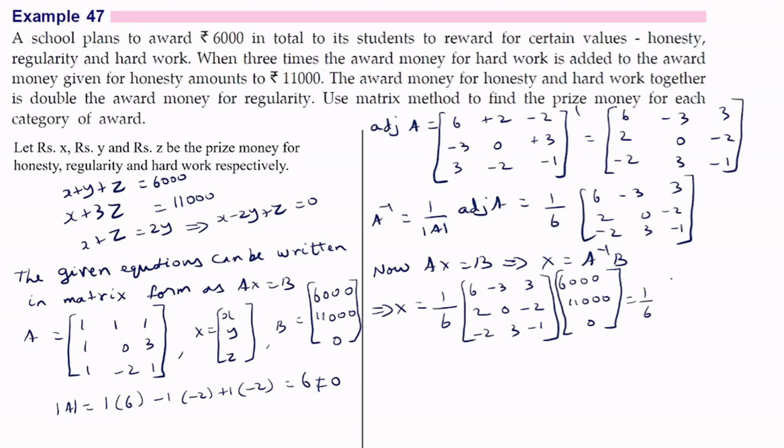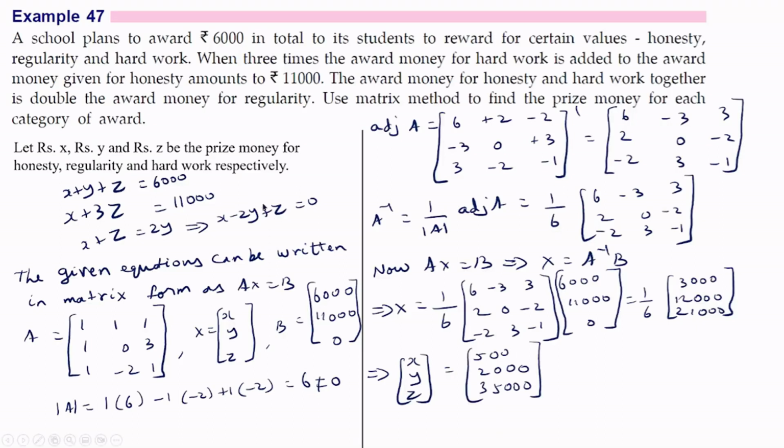So this is 1 by 6 into 36,000 minus 33,000, 3,000, then 12,000, then 33,000 minus 12,000, it is 21,000. When we divide each term by 6, we get x, y, z as 500, 3,000 by 6, 500, 12,000 by 6, 2,000, 21,000 by 6, 3,500.